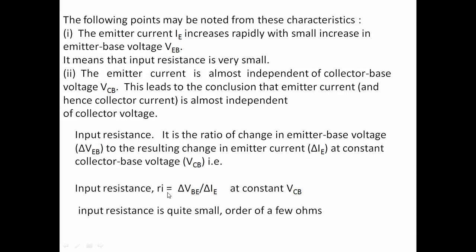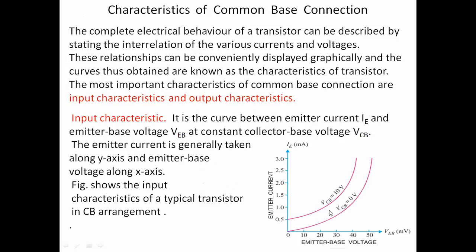That is given as RI. Delta VEB is the change in the input voltage. For a given change of the input voltage, what is the change of the current? That is delta IE. So like this we can obtain the input resistance from the obtained waveform. That is the input resistance.